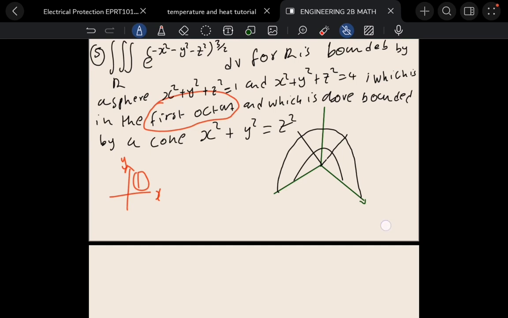So actually, looking at that, we're looking at two spheres. We want the region that is in between the spheres, by the way. So the region that we are talking about is that one.